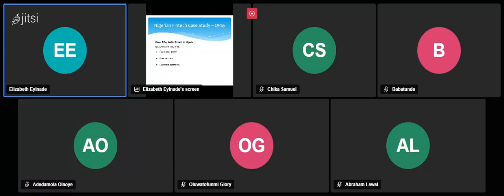Another one is cashback incentives. When they started, for every transaction or every airtime that you do, you get a cashback. That alone brought people to use the app.